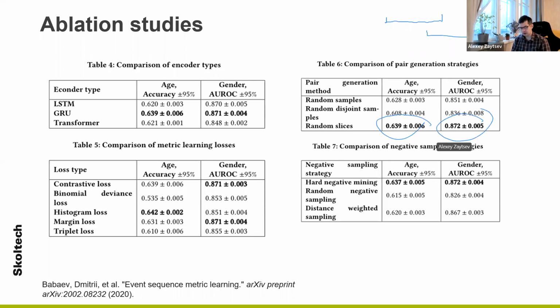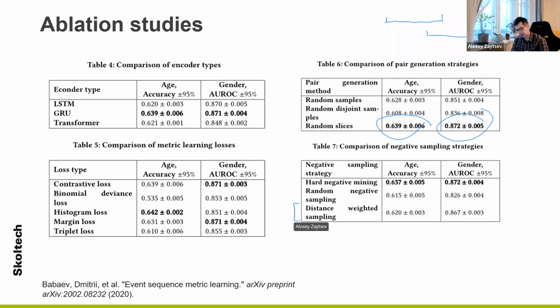Also, we say that if we have different strategies for negative sampling, the best option is hard negative mining. And as you can again remember from the previous lecture, it means that we put as much data as possible. Maybe if we provide something more clever, we can try to do better using smaller batch sizes, not sampling a lot of batches, a lot of pairs, but trying to focus on something.